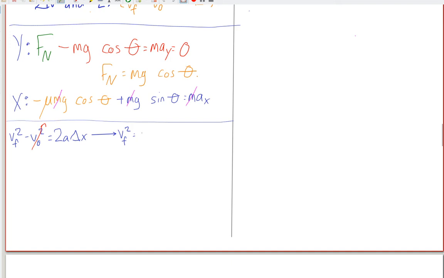So I have 2 times that thing from above, minus mu g. Actually, I'm just going to write the 2 in front of every term. So I get minus 2 mu g cosine theta plus 2 g sine theta, and all of that is multiplied by delta x, which is L.